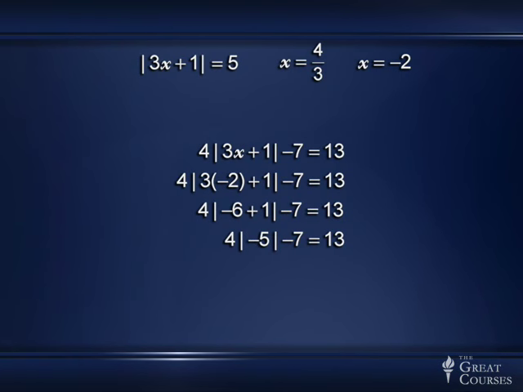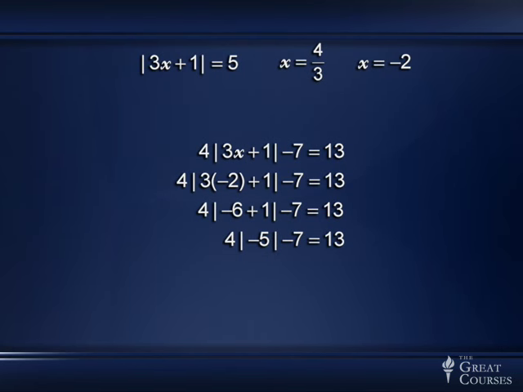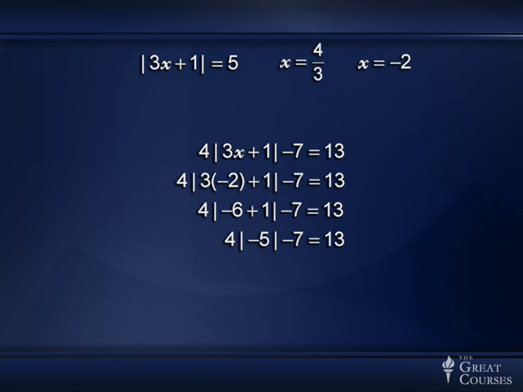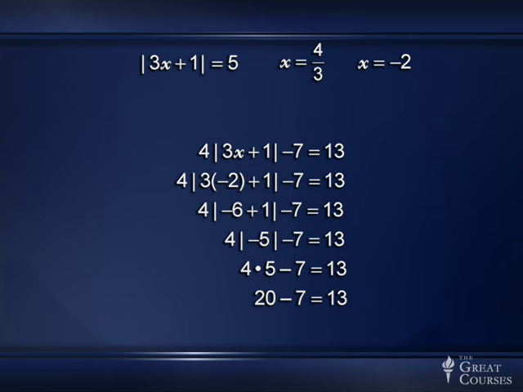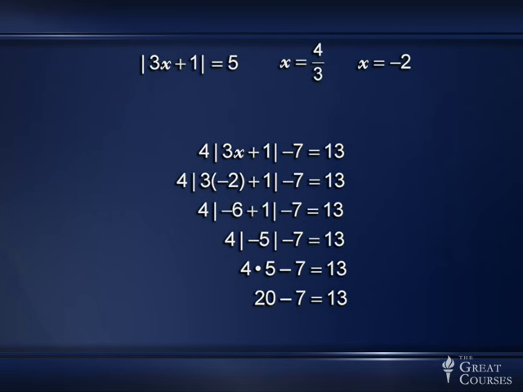And so what I now have is 4 times absolute value of negative 5 minus 7 equals 13. Remember, absolute value of negative 5 is positive 5. So now I have 4 times 5 minus 7 equals 13. That's 20 minus 7 equals 13, which is 13 equals 13. And that works. So x equals negative 2 is also really a solution.